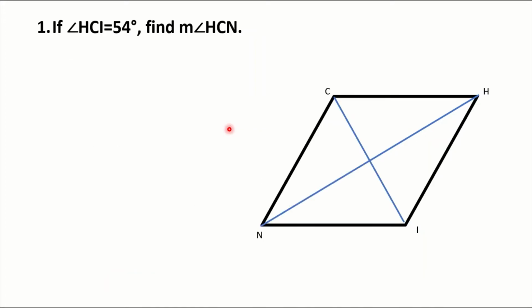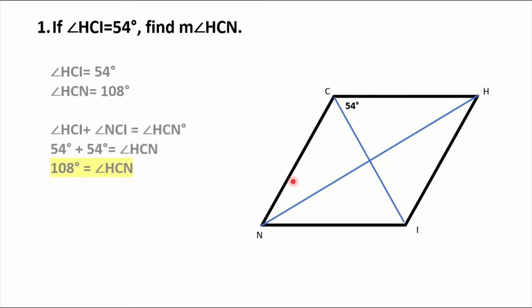Next, if angle HCI is 54 degrees, find the measure of angle HCN. So, ito yung angle ng HCI. Ayan yan. H, papunta kay C, papunta kay I. So, that is 54 degrees. Ang hahanapin natin, HCN, yung kabuuan. No?